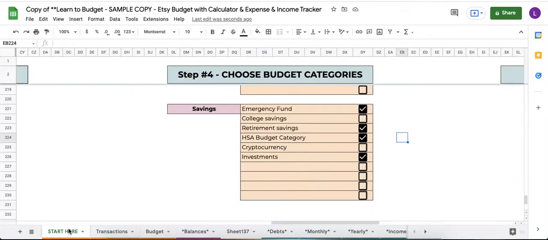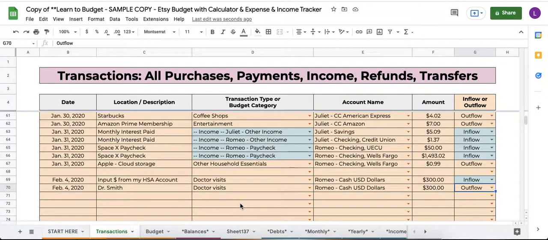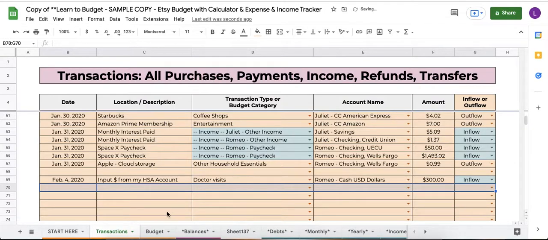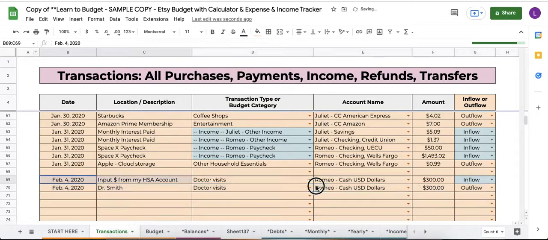Okay, let's show that to you again. I'm going to go ahead and actually just erase this for you to see what happens on the budget sheet when I've only entered $300 into doctor visits. Okay, so let's see.